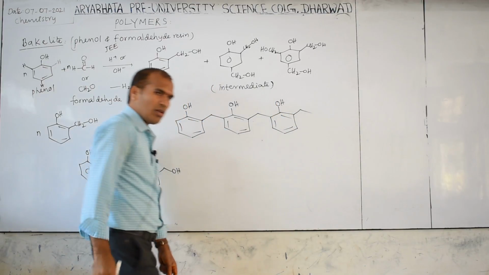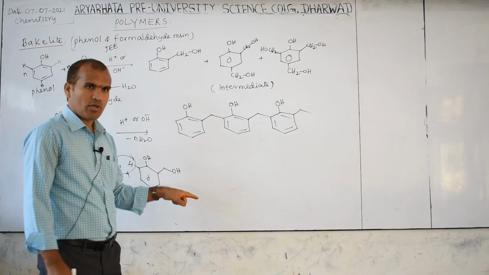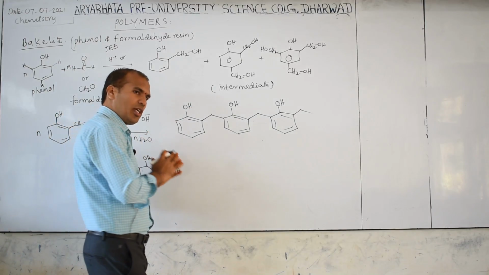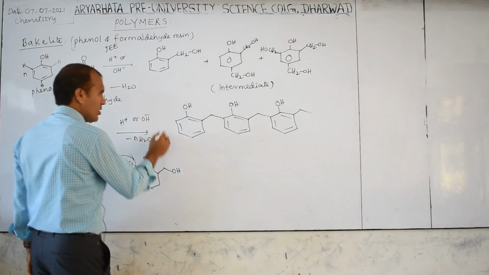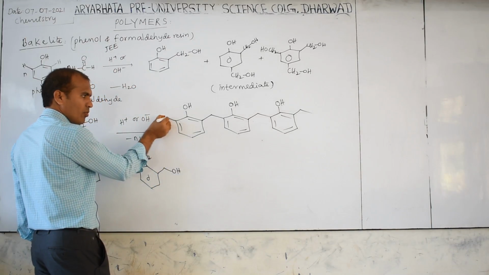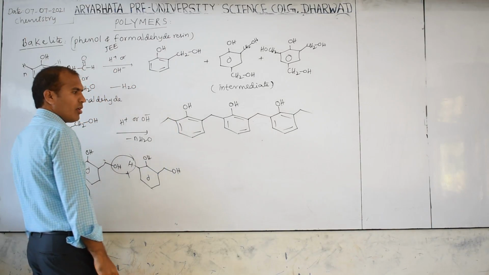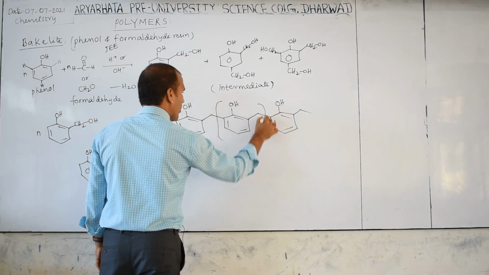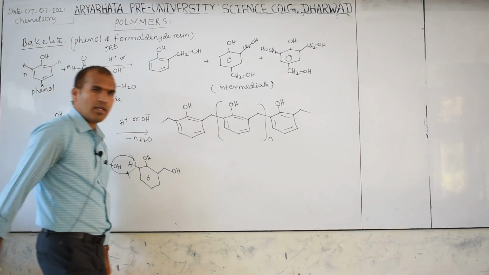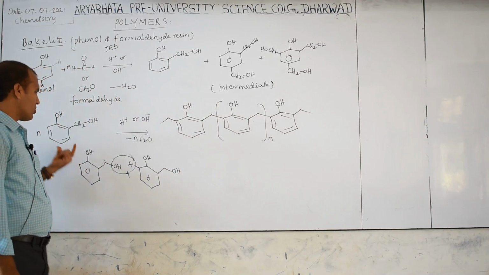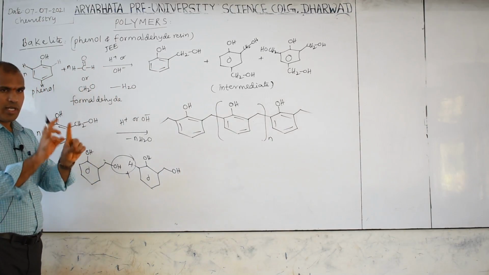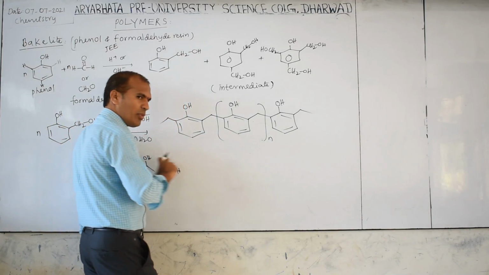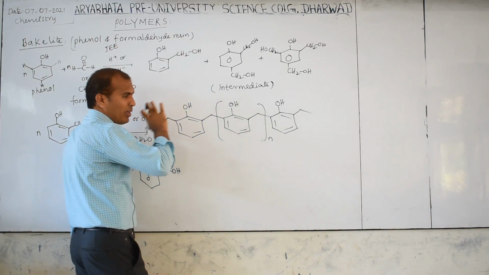Again this molecule's OH, the next molecule's H, another next molecule, water molecule lost. Like this, the chain will continuously take place. Then one molecule I want to take here, taken n. Clear? Whatever we took here is only n. This is a linear intermediate.